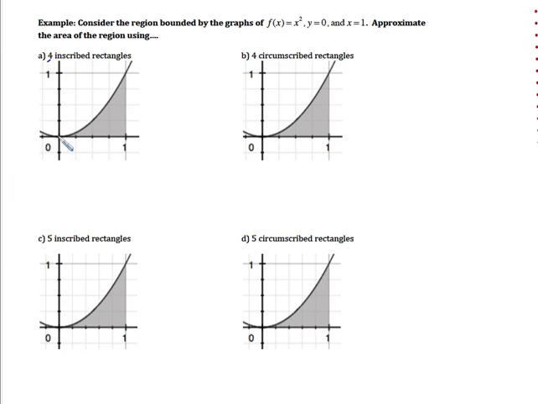So when we draw our rectangles, they cannot go above the line. You can see I've already partitioned this into 4 equal sections. So we're going to draw 4 rectangles of equal width underneath. So this would be 4 inscribed rectangles.